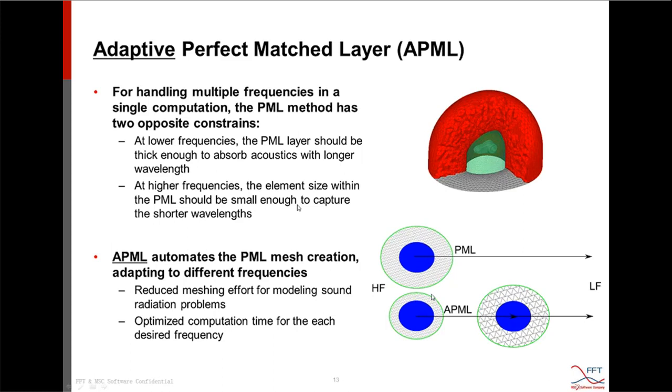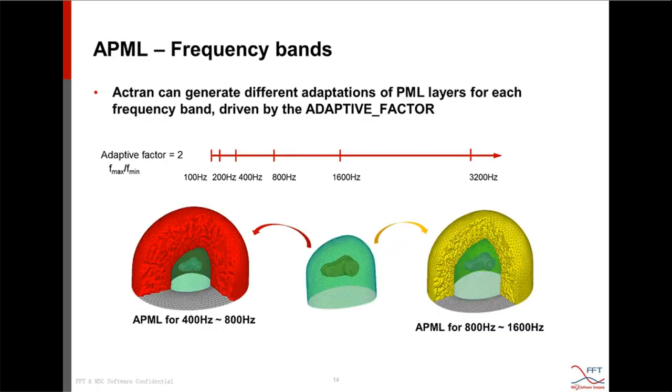And at higher frequencies, Actran will reduce automatically the PML region and generate smaller elements in that region. So each frequency can be optimized by the APML automatic meshing.